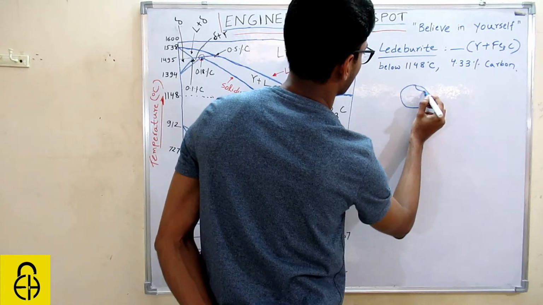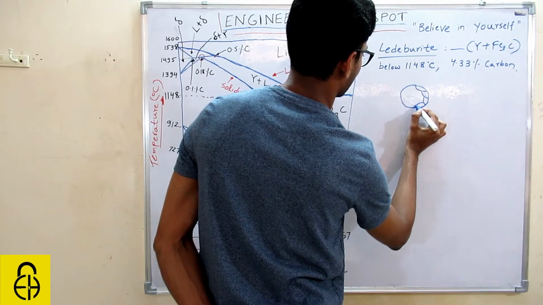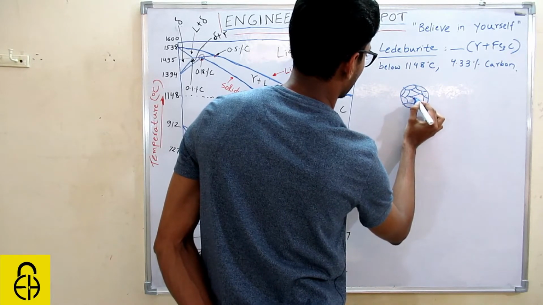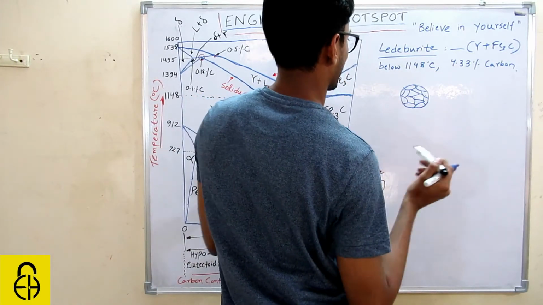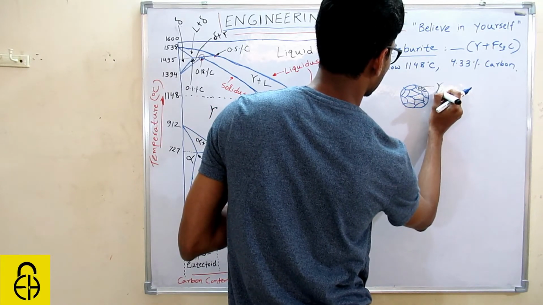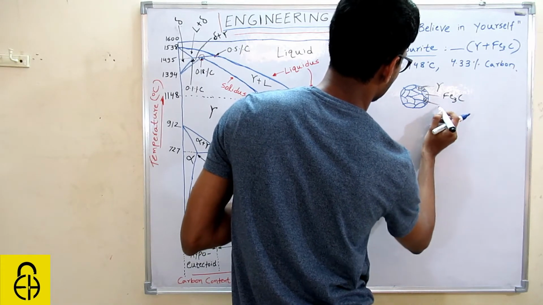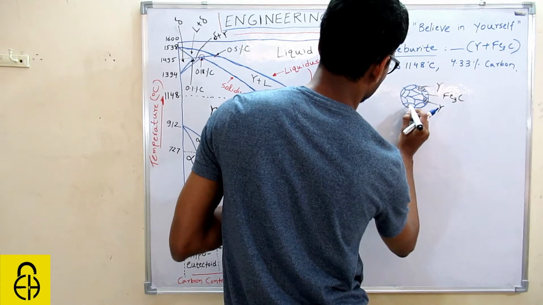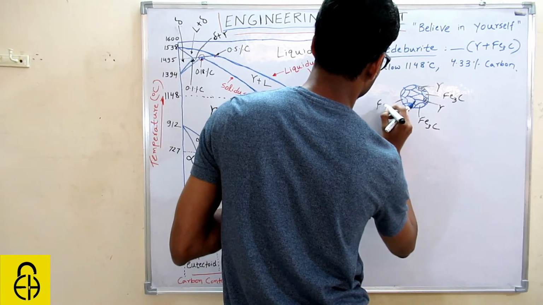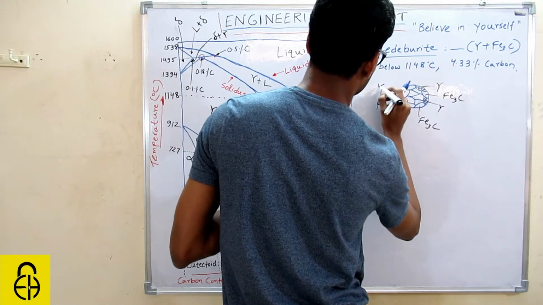What I have done, suppose this is gamma, then this will be Fe3C, then this will be gamma, this is Fe3C, gamma, Fe3C, gamma, Fe3C, again gamma.